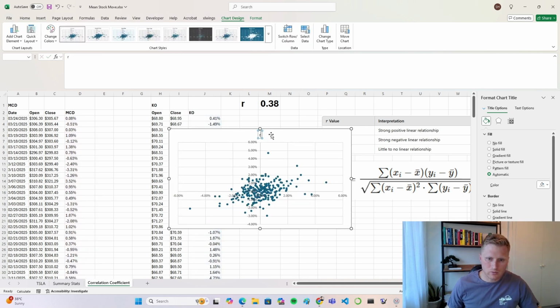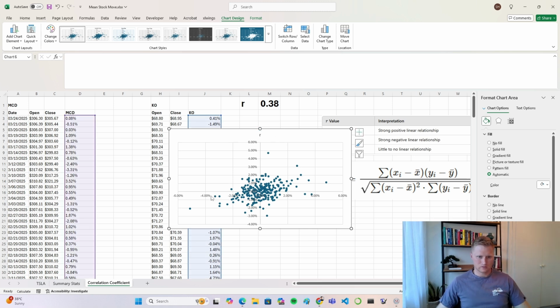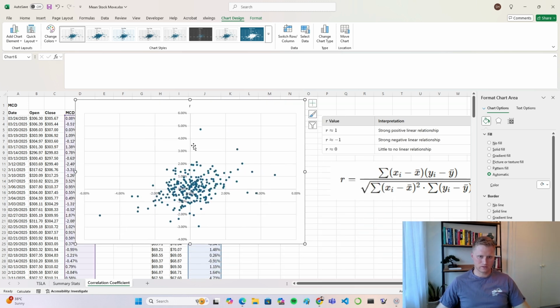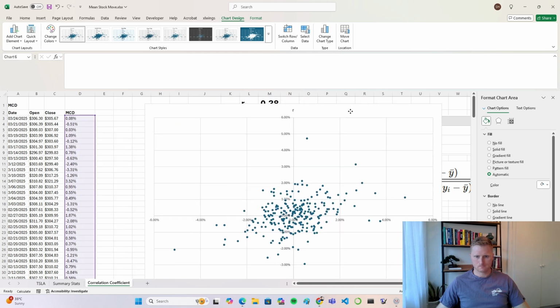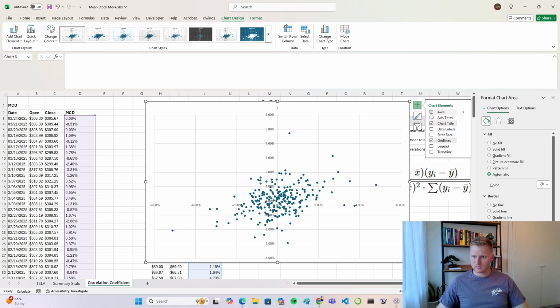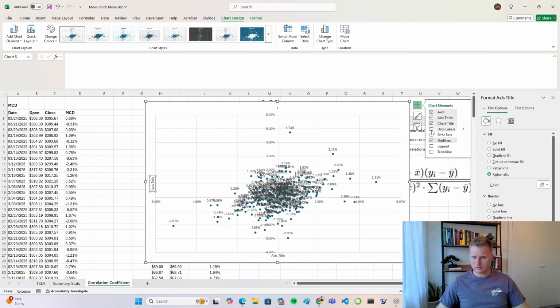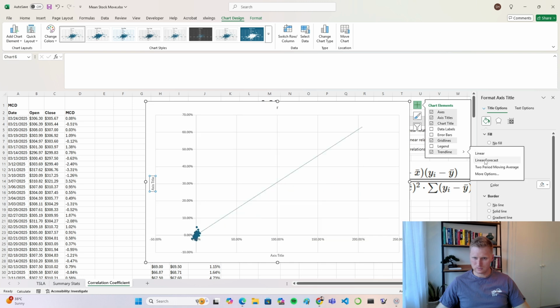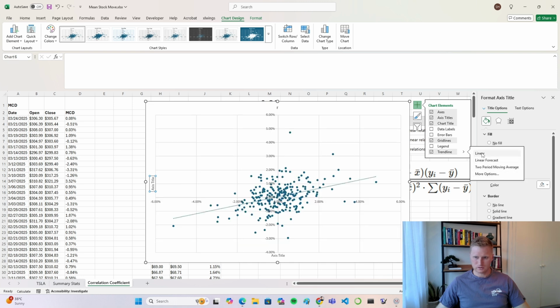Let me just chuck a couple of really quick labels. We know R means correlation, all right? Let's enlarge this, get it nice and big. Let's label some axis titles. Let's get a trend line going, a nice simple linear one.